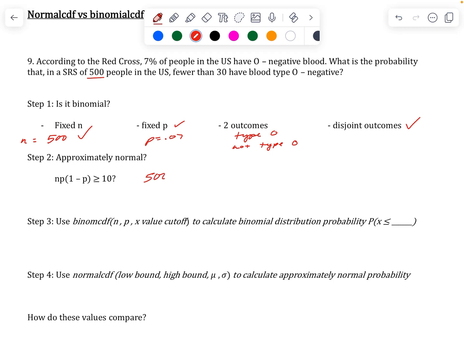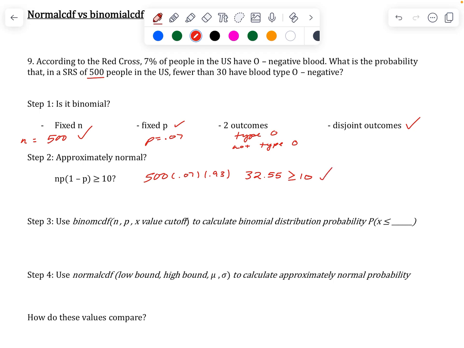If I take 500 times 0.07 times 0.93, I get 32.55. That is in fact greater than or equal to 10.